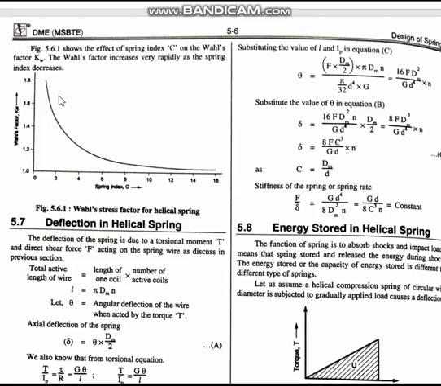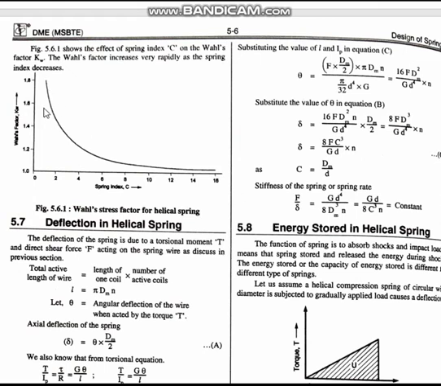Now sometimes you may have to draw this graph also. What is this graph? It is Wahl's correction factor we are talking about. This figure shows the effect of spring index. Spring index is taken on the x-axis, starting from 0, 1, 2, 3, 4, 5, 6, 7 up to 16, and Wahl's correction factor Kw is plotted on the y-axis: 1, 1.2, 1.4, 1.6, up to 1.8.